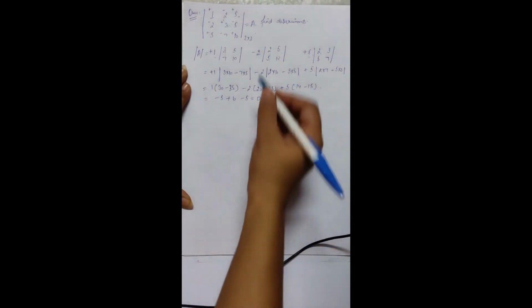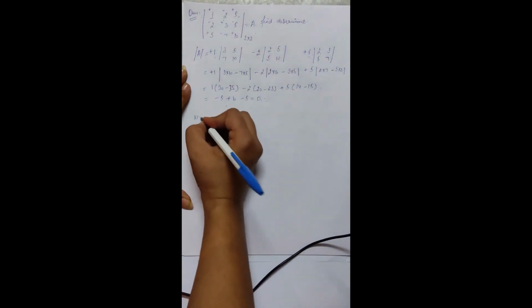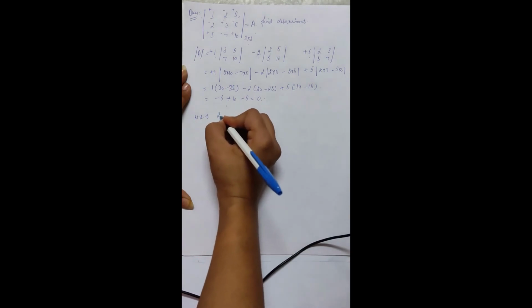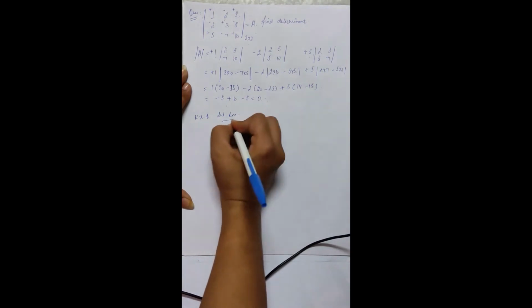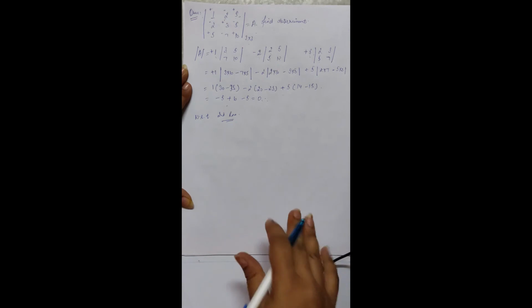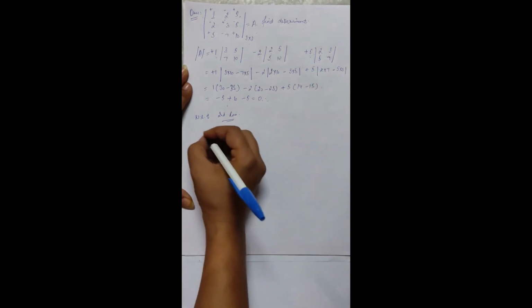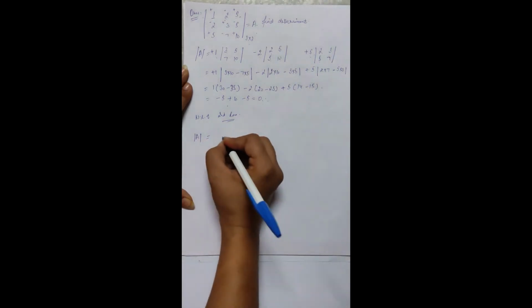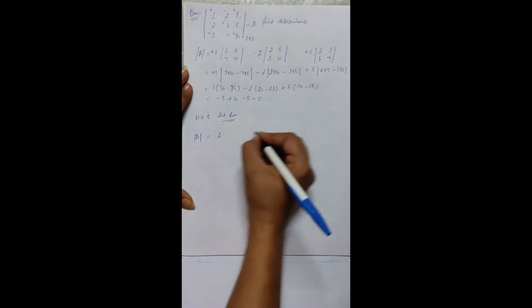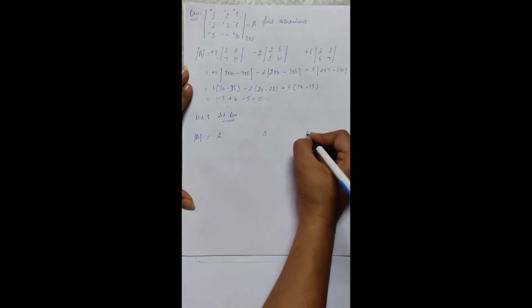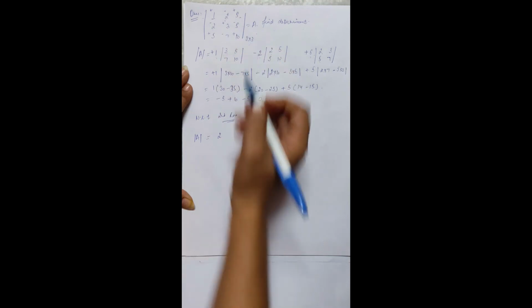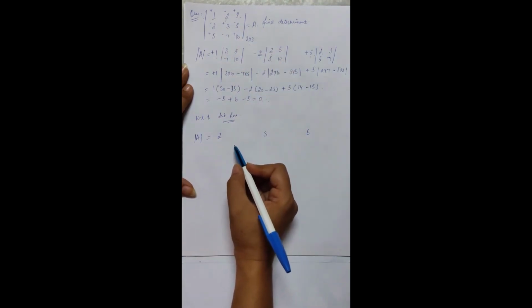And if I have to find the value of the determinant with respect to the second row, let me explain that also. In the second row, I will write the determinant is equal to the elements of the second row, 2, 3 and 5. Now what signs are put in front of these values?